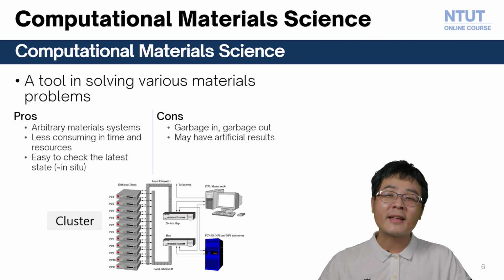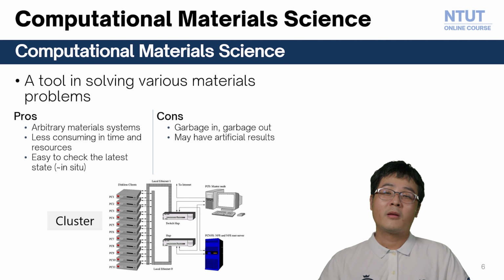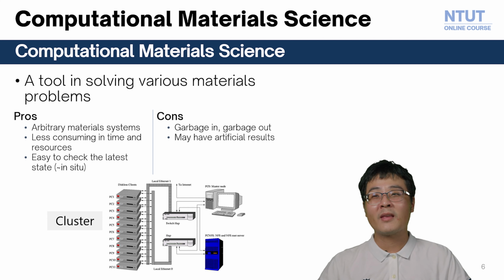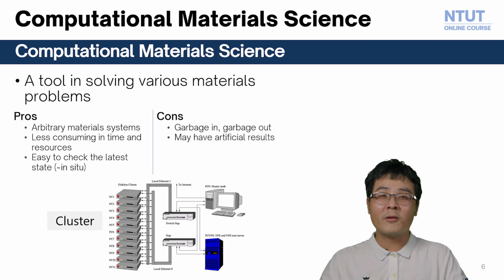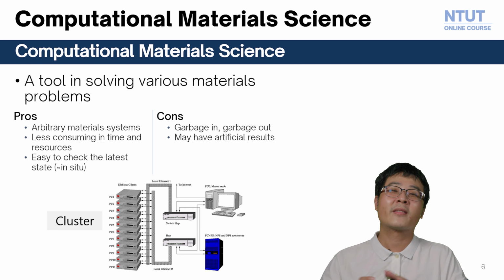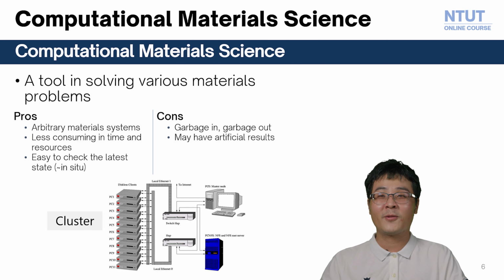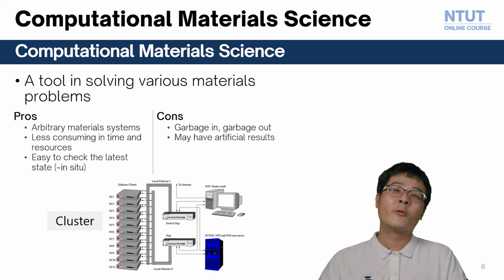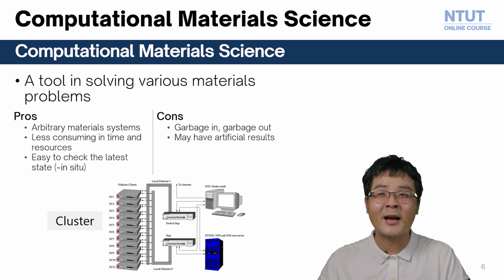If our input data is poor, which means we just put some garbage in the computer, the computer will still give you a solution, but it will be garbage. So we typically call it garbage in, garbage out.